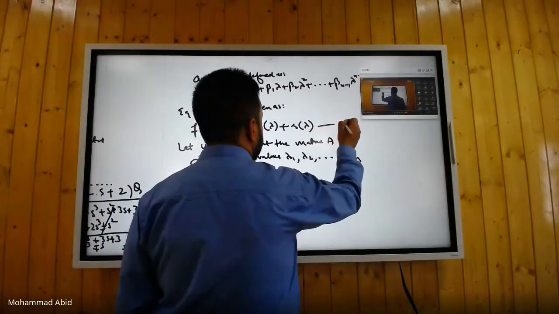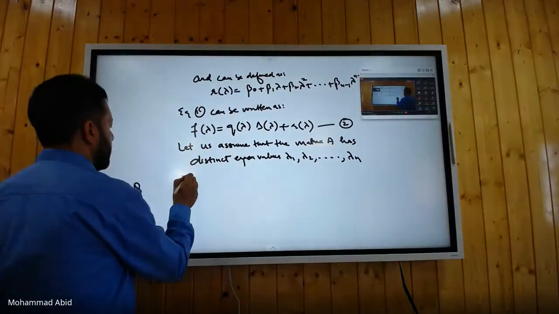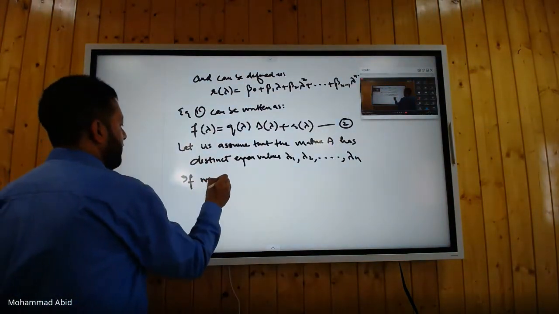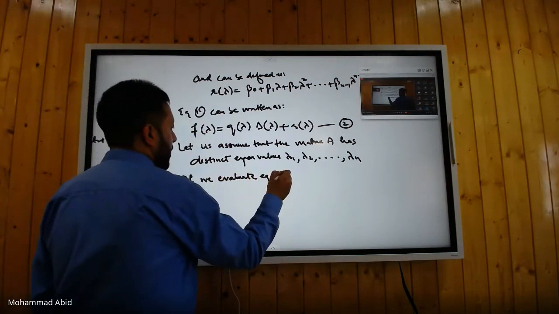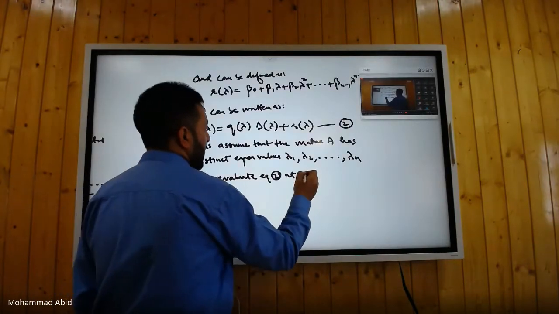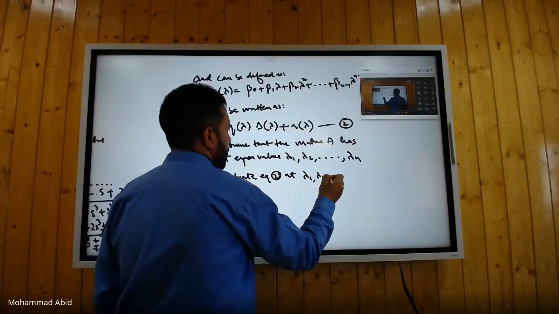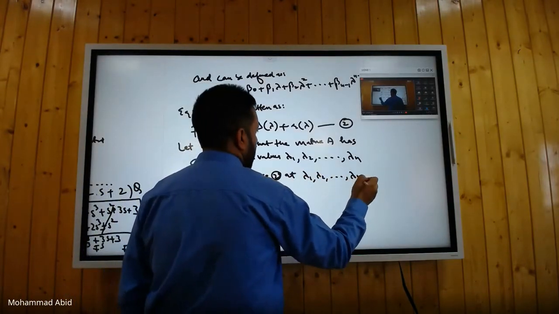So if we evaluate this equation 2 at lambda 1, lambda 2, so on up to lambda n, what do we get?